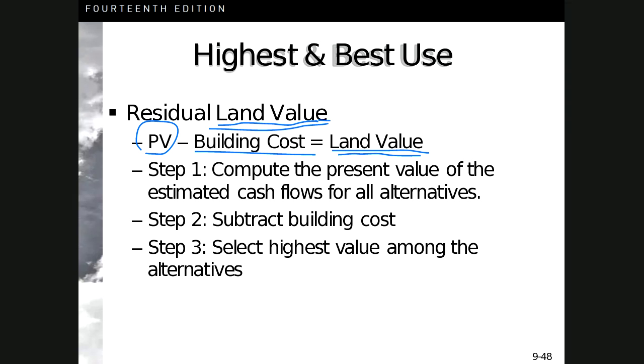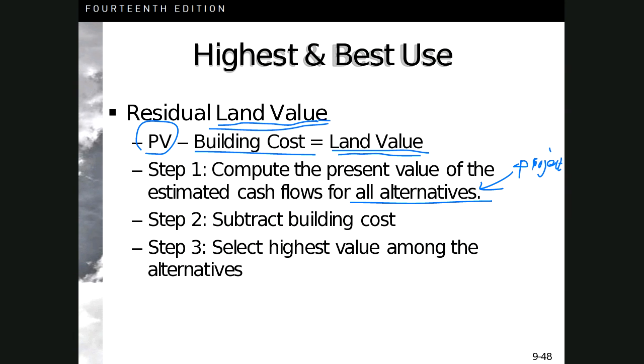So step number one in this case is to compute the present value of the estimated cash flow for all the alternative projects that you can build on this piece of land. From a parking lot to a recreational park, anything you can think of to use that land, you should include that as an alternative, as a pool of possible projects.